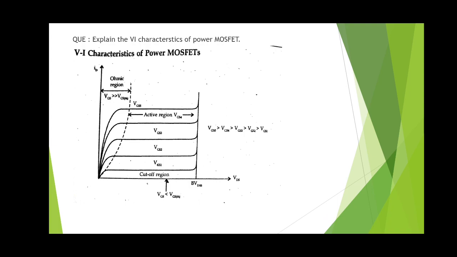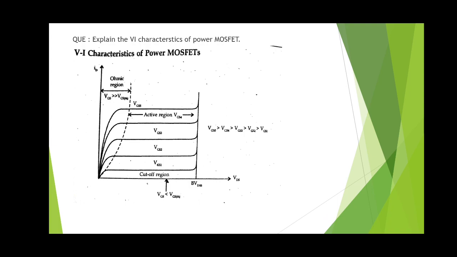This is also called the induced channel of electrons. Therefore the current IDS starts flowing from the drain to source through this induced channel, and when the voltage between gate and source is 0, the induced channel is absent and no current will flow from the drain to source.